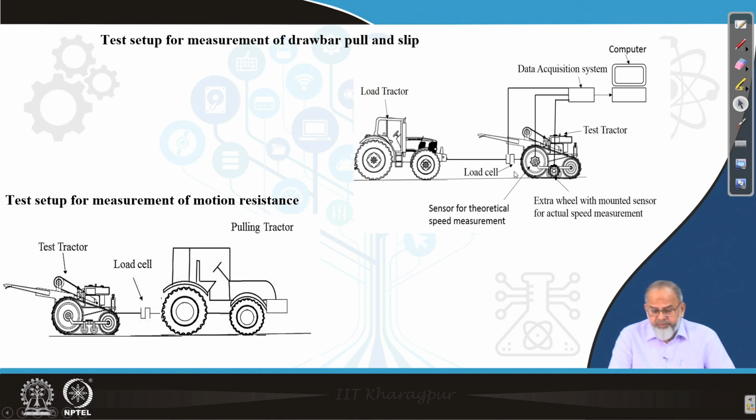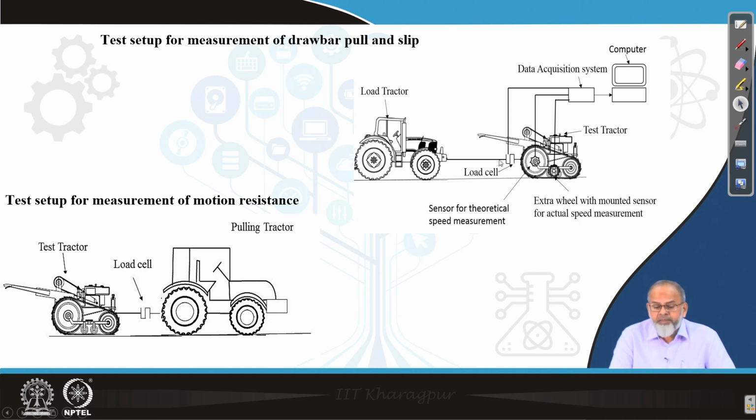To find the pull developed, you have to run the tractor at a speed lesser than the speed at which we want to operate the power tiller, so that the tractor can exert some pull. By reducing the tractor speed, you can vary the pull, and that pull has to be measured along with the wheel slip. That will give you how much drawbar power is developed by the power tiller.